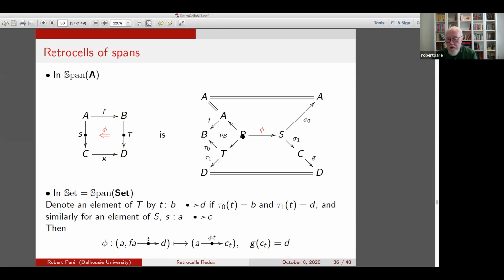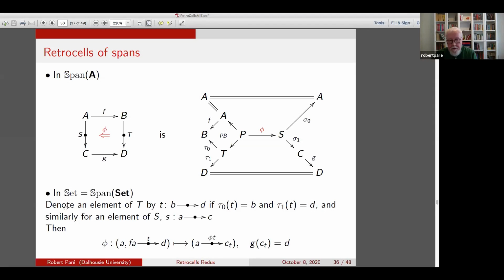And then a retrocell will be a morphism from P into S. So it's a morphism out of a pullback, which I don't like, okay, because, well, yes, morphisms into pullbacks are good. Morphisms out of pullbacks are, well, okay. So just to analyze this a bit further, let's specialize A to be the category of sets. So now we're in span set, which I call set here.